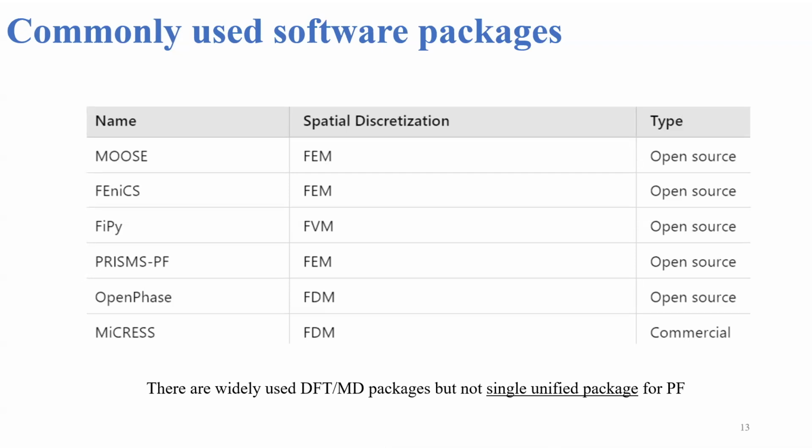However, in phase field, there is not such a unified package because it mainly deals with solving partial differential equations. So there are many software packages which can in principle be applied for solving finite element phase field kind of models. These are MOOSE, Phoenix, PyPhi, PRISMS-PF, OpenPhase, and then the commercial package MICRESS.